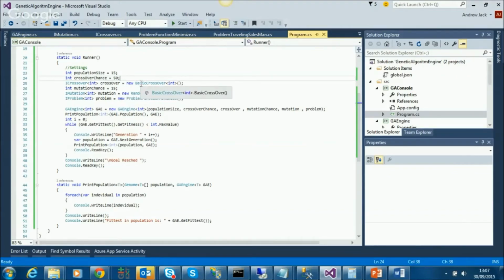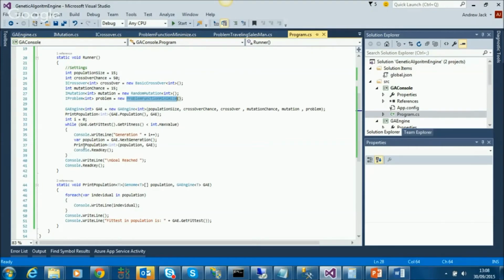Of our crossovers, we're going to use our basic crossover. We're going to say mutation chance for any one chromosome is 15%. Mutation is going to be of type random mutation. And problem, so we're specifying the problem is function minimize, which is the problem that we just looked at with W, X, Y, and Z.